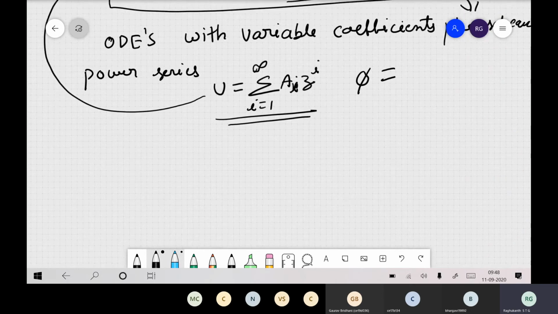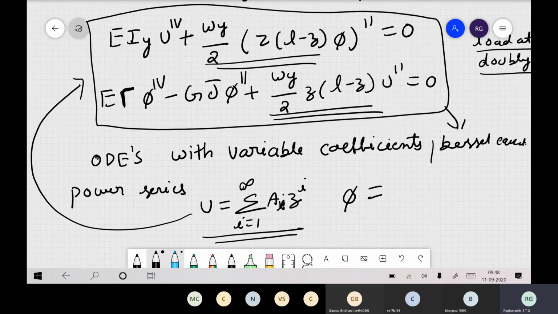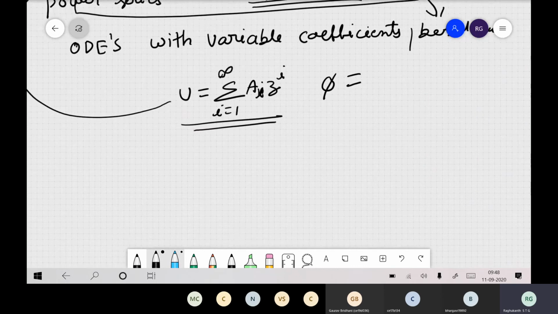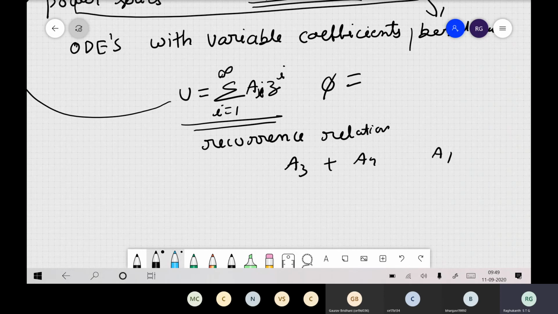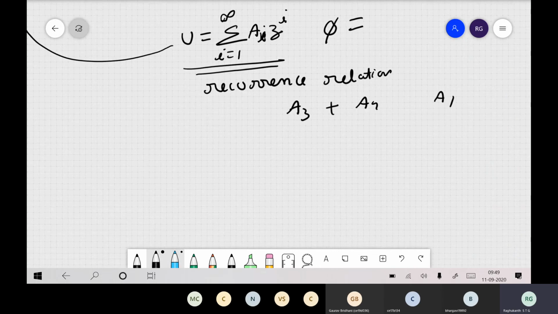Because these ODEs are all polynomials, all the derivatives will be nicely converted into algebraic equations. Finally you will get recurrence equations, like A3 plus some A4, A1, so they are all interlinked. We will have several interlinked equations; you solve those equations and you get the solution.